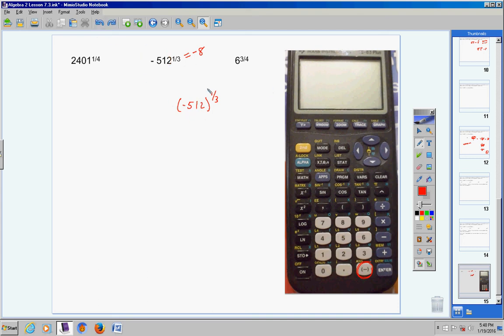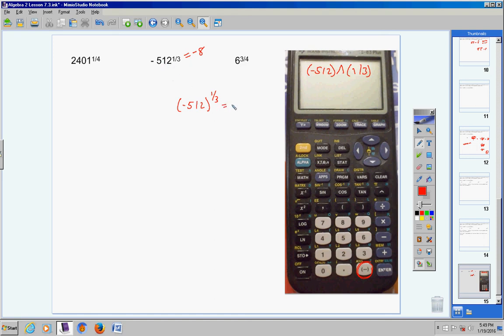So if you were typing this into your calculator here, you put your parentheses first, then -512, then close your parentheses, then arrow, then parentheses, 1 divided by 3, then close your parentheses. Alright, and if you'll do that, like I said, you will get the same answer. That's not always going to happen. So make sure you put parentheses when they're there, and don't put them when they're not there.